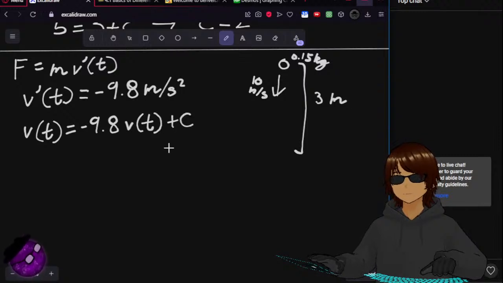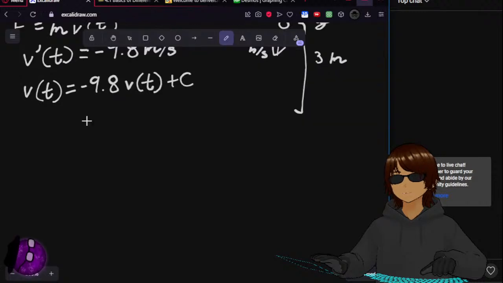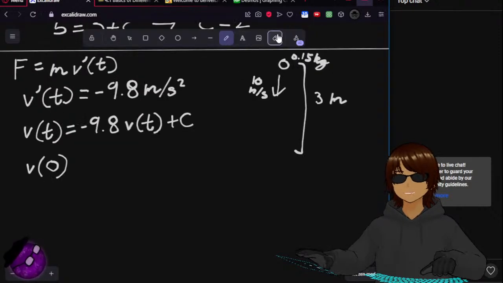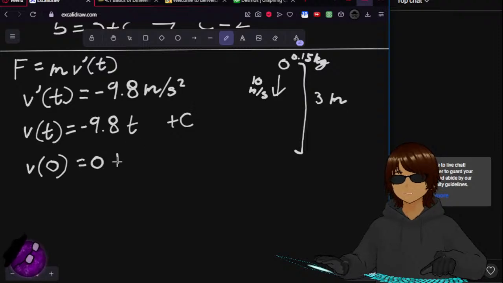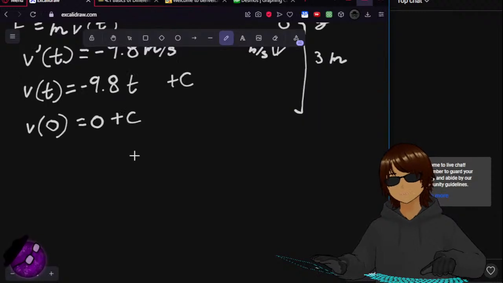Is that correct? If I differentiate this, I get this. No, wait. If I differentiate this, what am I doing? Minus 9.8t plus c. So this is 0 plus c, and then c is 10.